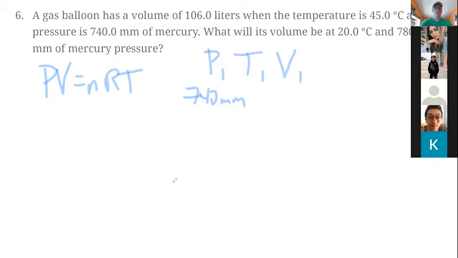Mm-hmm. 45 degrees C. And the volume, V1. 106.0 liters. 106.0 liters, right. So that is our P1, T1, V1. What is our P2, T2, and V2?